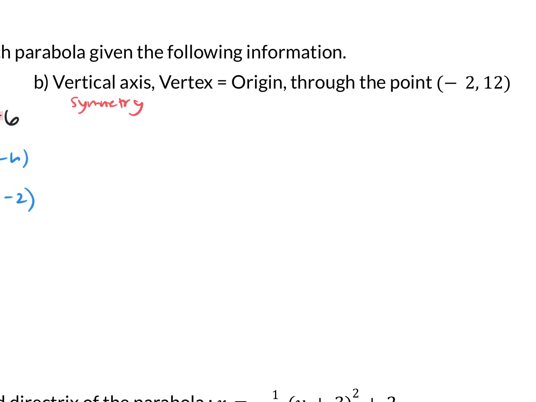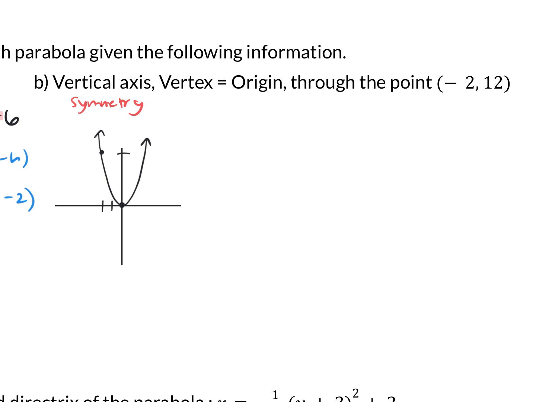Now that's not on your focal diameter or anything like that. It's literally just the point. So if I'm drawing a sketch of this graph, I know my vertex is here, and then it's going through the point (-2, 12). So my sketch of my graph looks something like this.